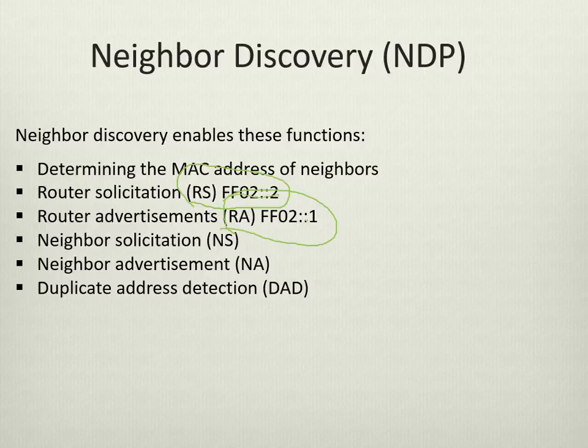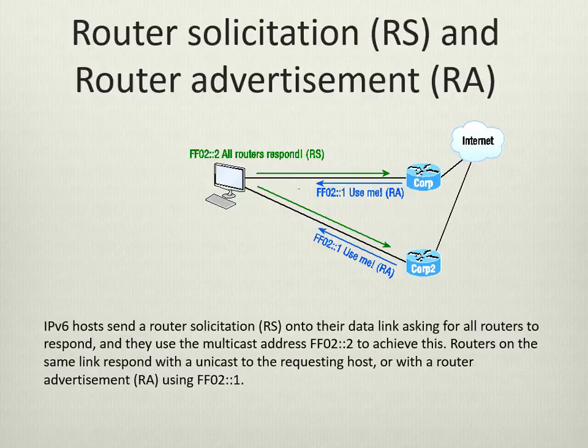The router solicitation and the router advertisement: FF02 meant that it was going to be multicast, I believe. Is that right? So ::1 and ::2 are going to be the router solicitations and the router advertisements for these things. And this is the same picture that's in the book.